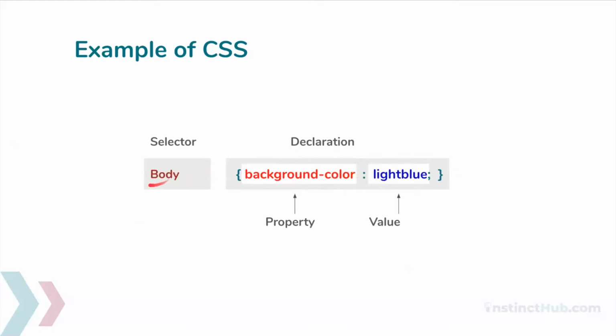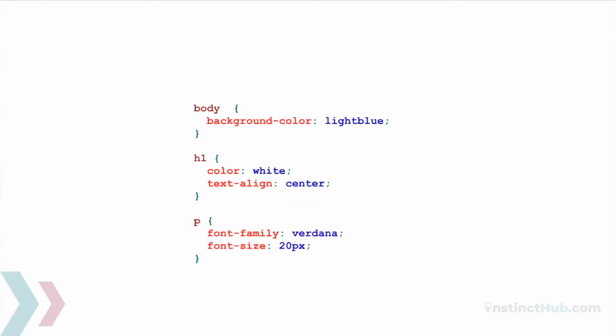Once you make a selector, when you select any of the elements, you can attach several styles to it. We're going to be seeing that in a very short while. But let's still move forward. If you look at this again, you'll see several selections. We selected the body, we apply background color light blue.